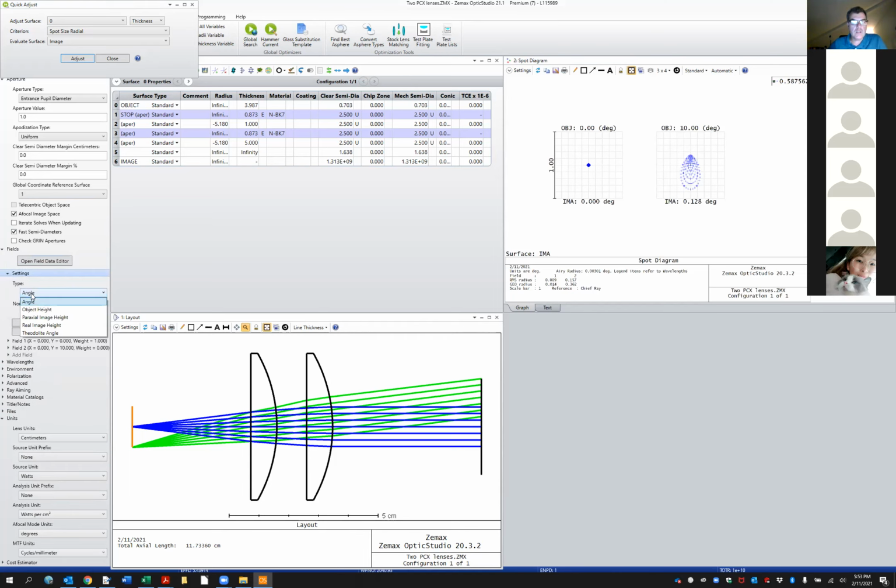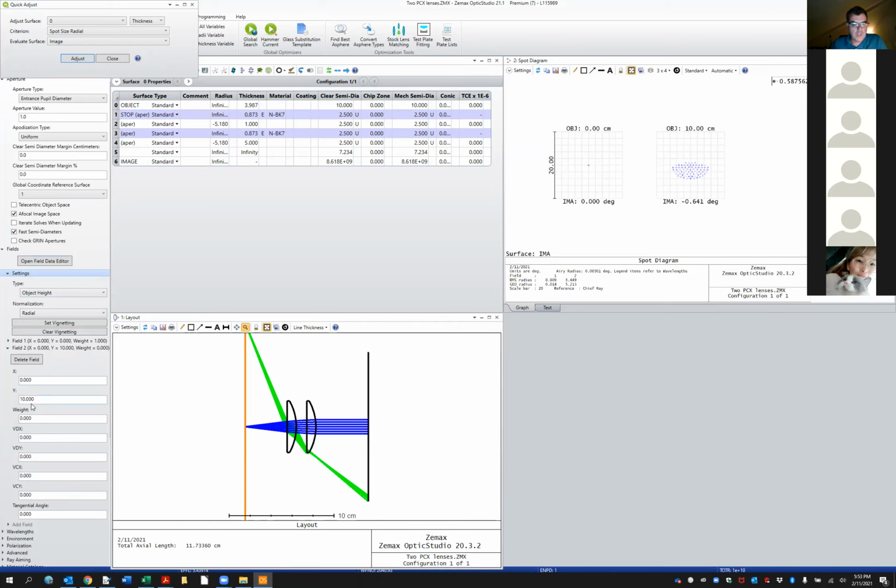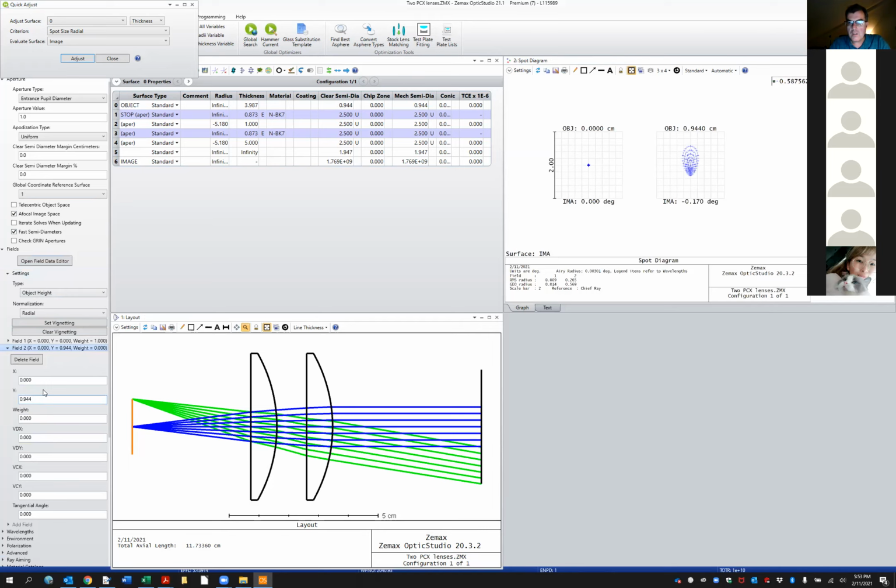So I'm going to take field 2 and say I want this object to be 0.944. And the image forms differently. This system is not symmetric. In retrospect, should that be a surprise?